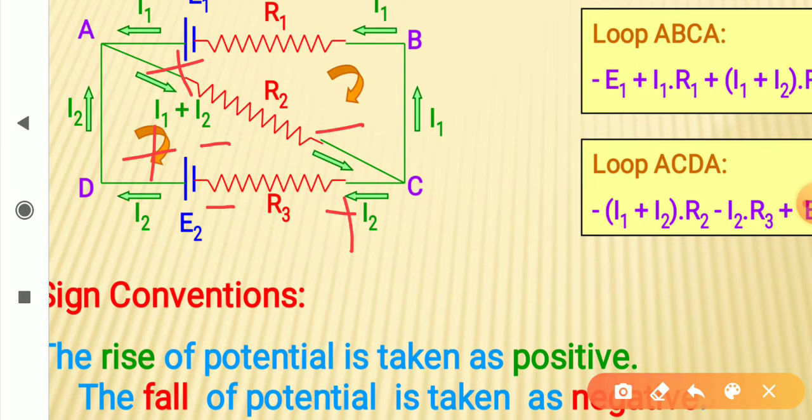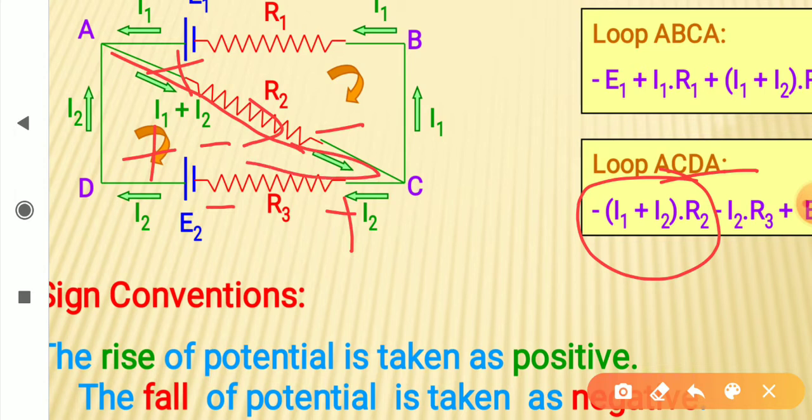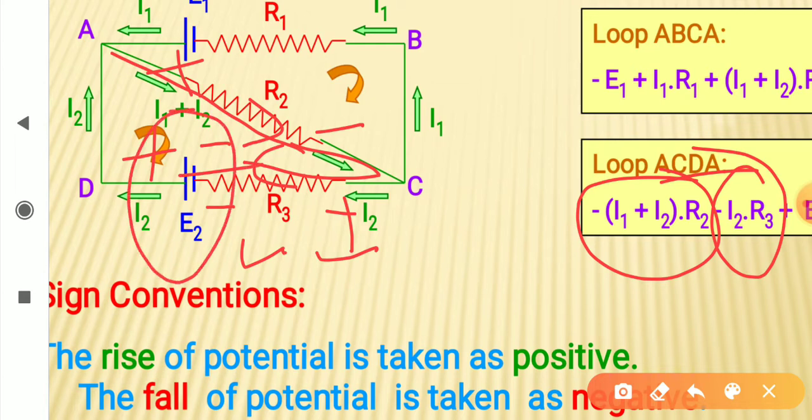When you are moving along A, C, D, A in the clockwise direction, for R2 you are moving from higher potential to lower potential, so the potential difference is minus I1 plus I2 into R2. For R3 we move from higher potential to lower potential, again a fall of potential, so minus I2 R3. For the cell E2 we are moving from lower potential to higher potential.